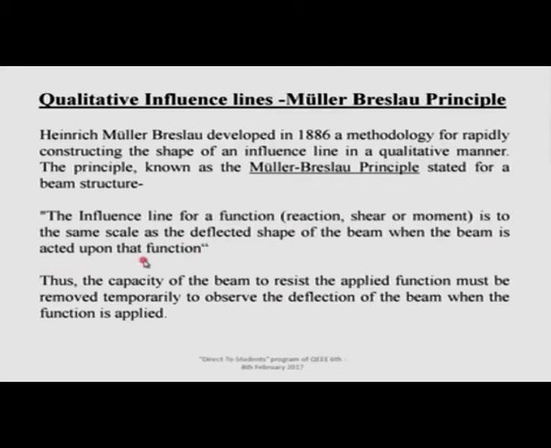Thus, the capacity of the beam to resist the applied function must be removed temporarily to observe the deflection of the beam when the function is applied. Two steps: I need to destroy its resistance against that function, and then put the function back there and observe what shape it takes, and that is my influence line diagram qualitatively to some scale.